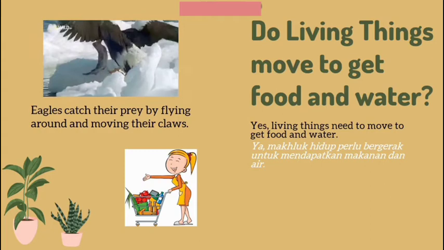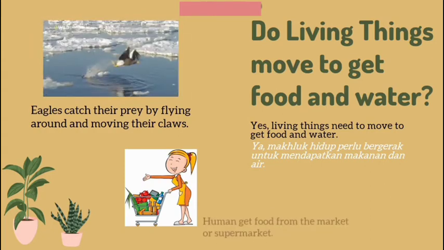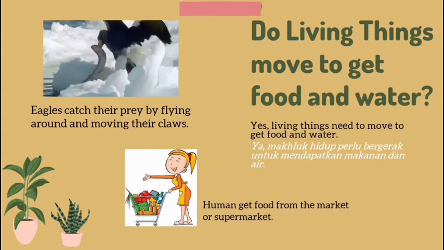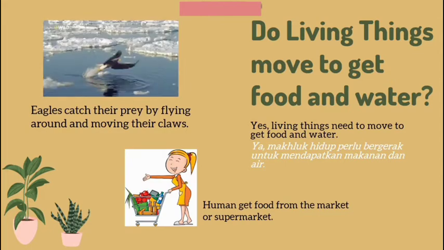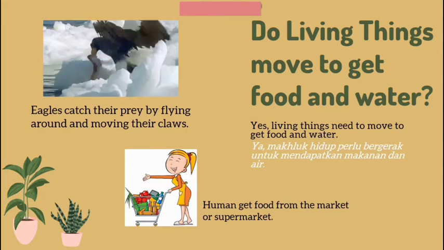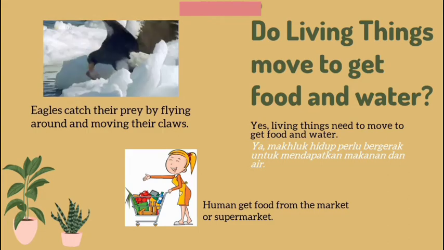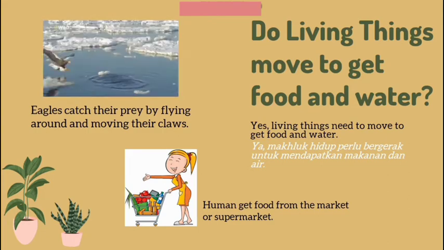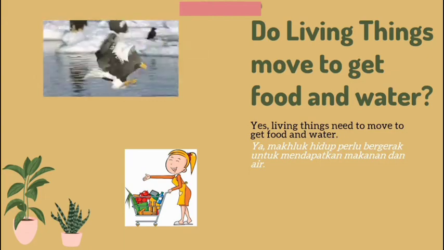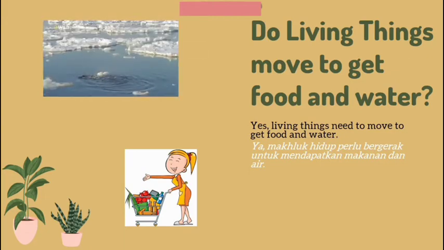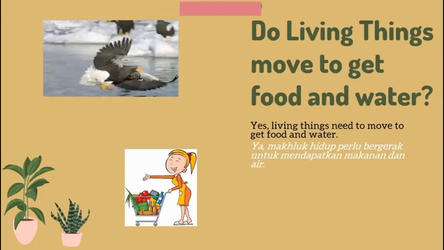In the next pictures, we can see that humans get food from the market or supermarket. So, when we want to eat, we need to move, we need to go to the supermarket to get our food. Animals need to hunt for their food and look for water to stay alive.